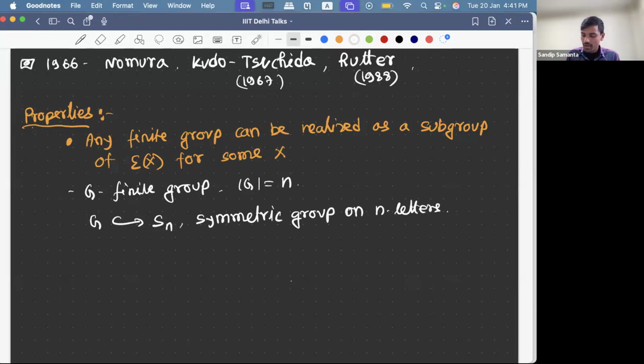Now, we can see this S_n as a subgroup of this E X, because these are product spaces, and S_n canonically acts on the product by permuting the factors. So let's take a space Y which is, let's say, non-contractible, and form X as Y cross Y, n times.